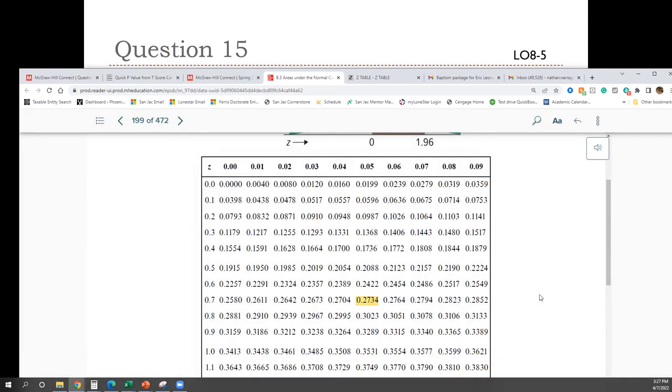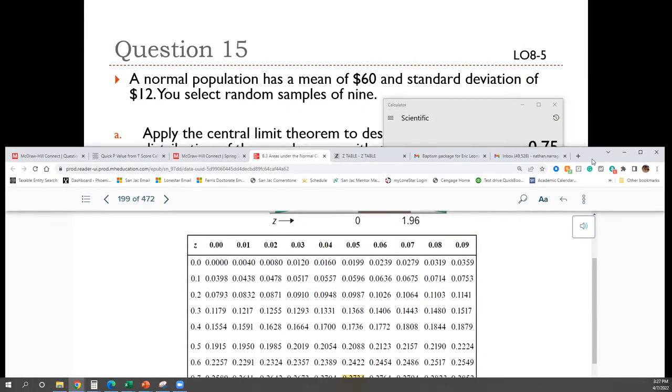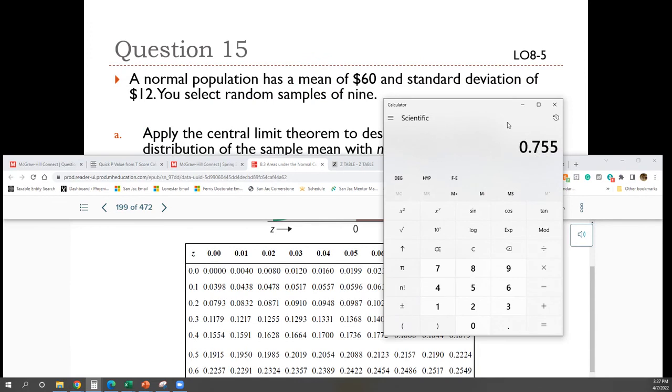So for us, we're going to take that, and the probability that the sample mean is going to be greater is, taking our calculator, 0.5 minus 0.2734 will equal 0.2266, or 22%, 23% that the sample mean will be greater than 63.